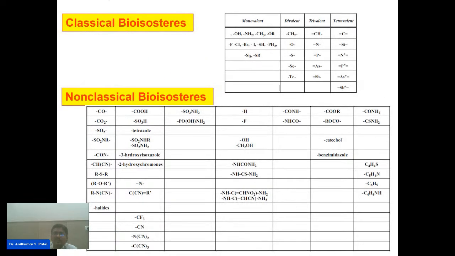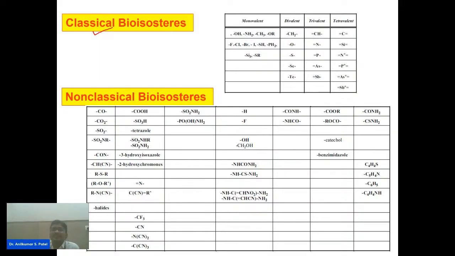Bioisosteres are of two types. The first one is the classical bioisostere. Classical isosteres mean the outermost shell electrons remain the same. We can change a monovalent OH to a monovalent NH2, or CH3, or any OR groups, ether or ester groups.